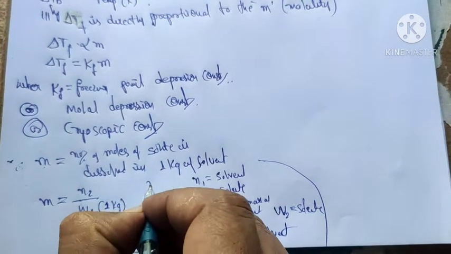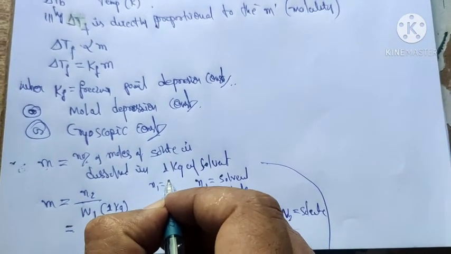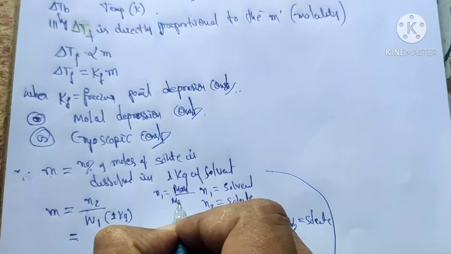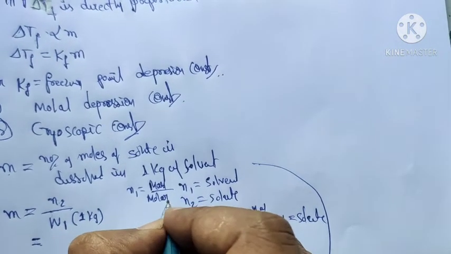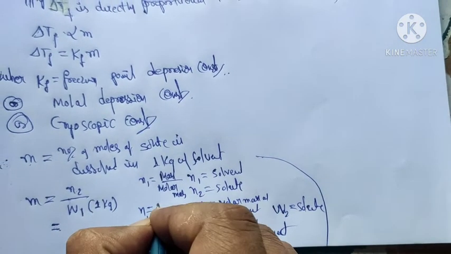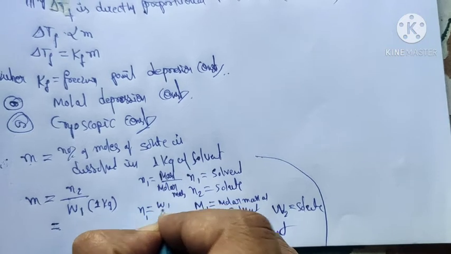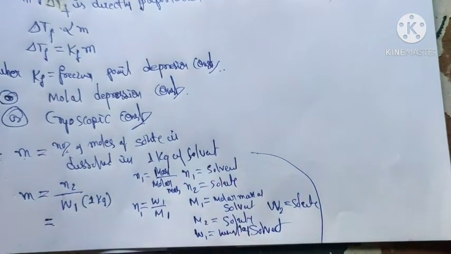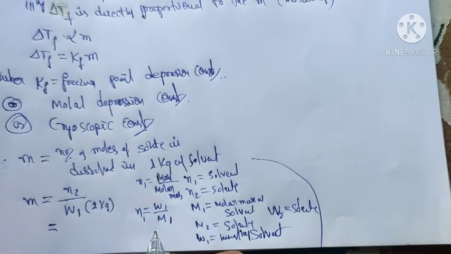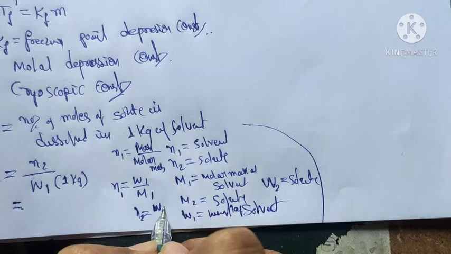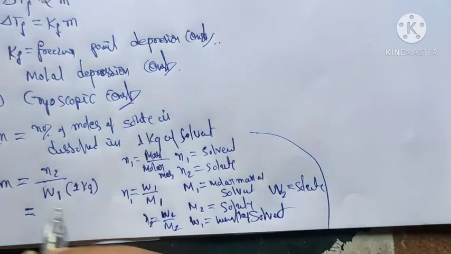So simply we write this. We already know the number of moles is equal to mass by molar mass. So N1 is the weight W1 divided by M1, the molar mass, and N2 is W2 by M2.